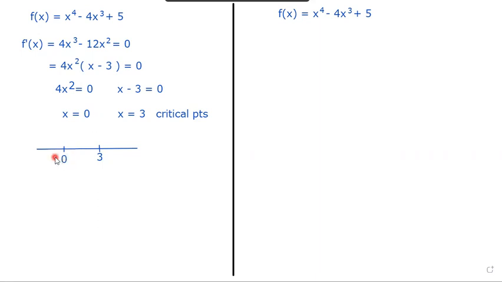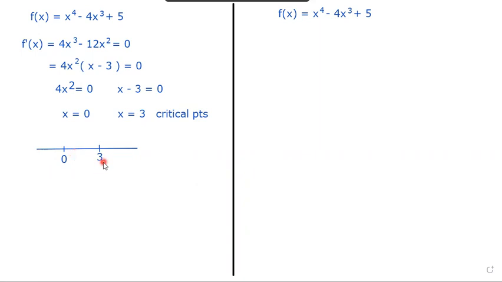Now, into this first derivative, the first thing I'm going to put is any number smaller than 0. You can use any number. Some people use -1, some people use -5, some people use -8, it doesn't matter. Then we're going to use any number between 0 and 3, basically 1 or 2.